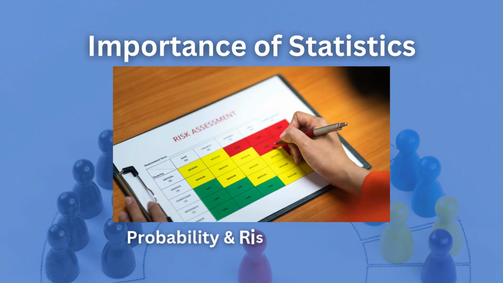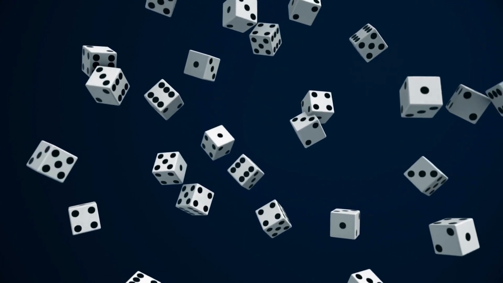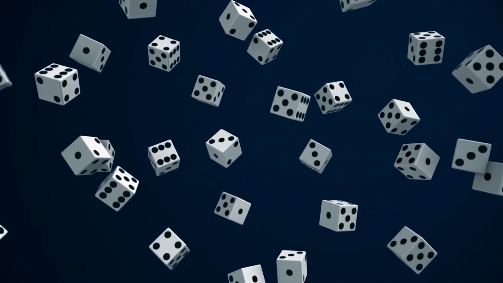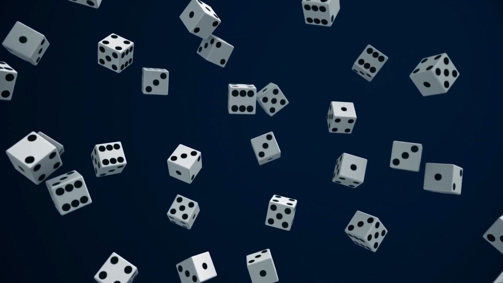Next importance of statistics is that it is used in probability and risk assessment. In real life, most things work on absolute measures and some things work on relative measures. So whenever it comes to relative measures, then talk of chances comes into the horizon.